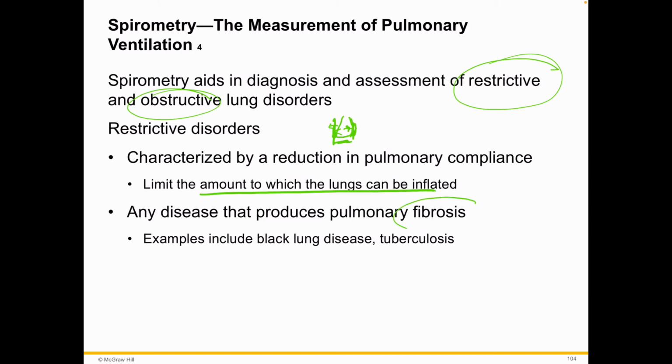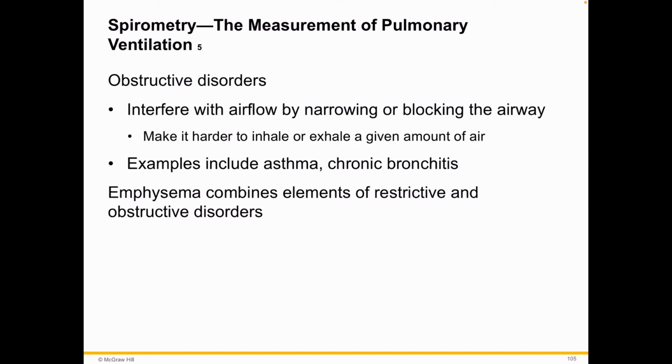What we're looking for is scar tissue, fibrosis for the most part. So we're looking at things like black lung, tuberculosis, scarring from infection. There's so much scar tissue they don't have the flexibility to inflate well, so you get a smaller amount.